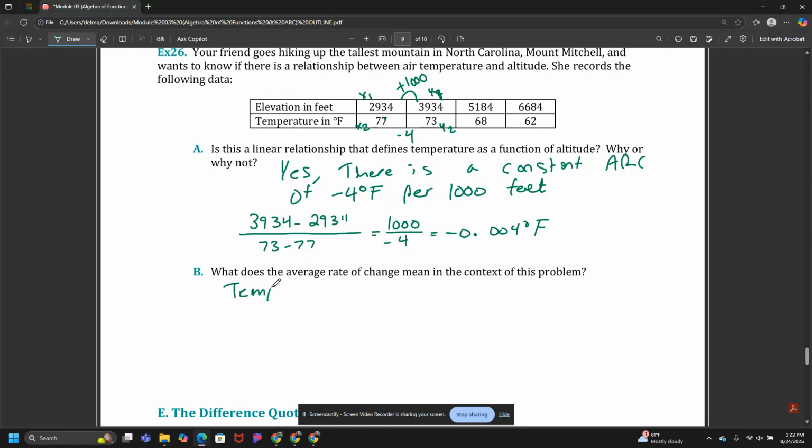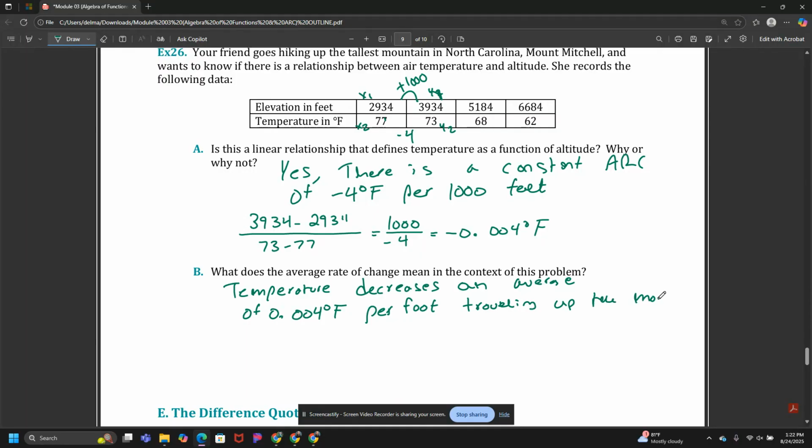So temperature decreases an average of 0.004 degrees Fahrenheit per foot traveling up the mountain.